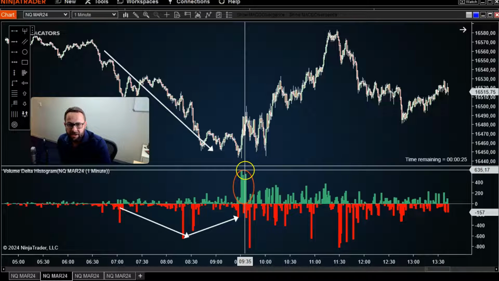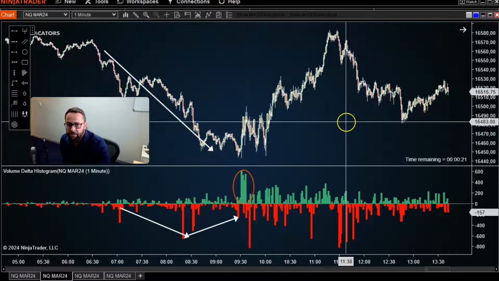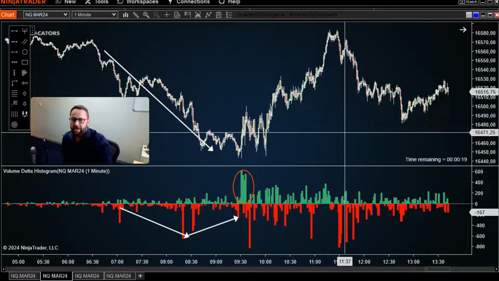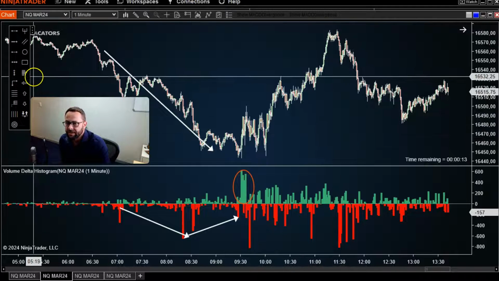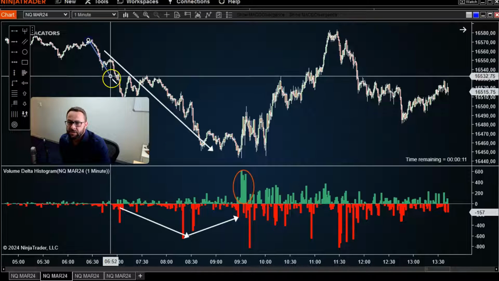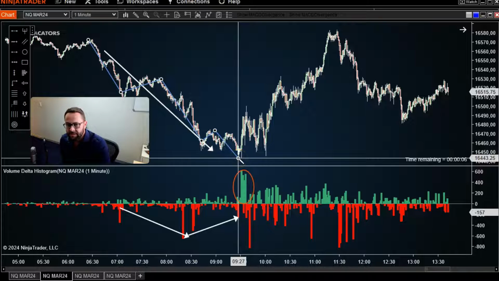Now, that on its own is not necessarily an indication that there's going to be a reversal in the market, which is why we incorporate the volume delta histogram indicator as part of a trading strategy. If you just look at pure price action, you can see that price was making lower lows, lower highs, lower lows, lower highs, which defines a downtrend.